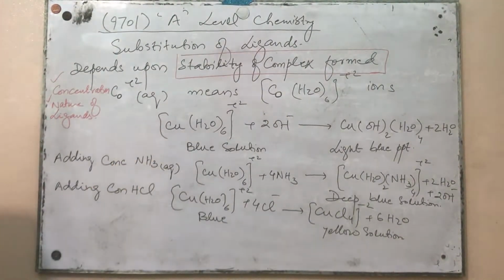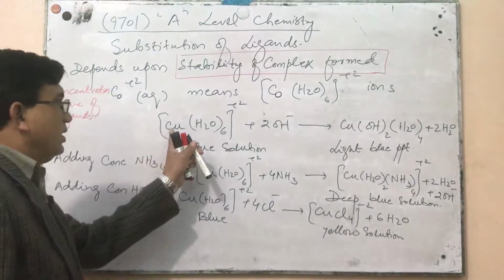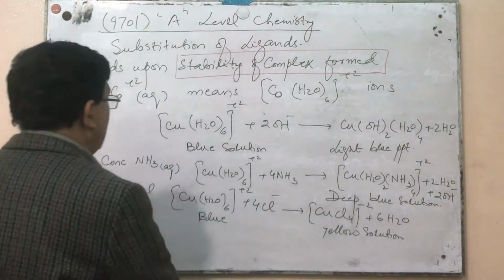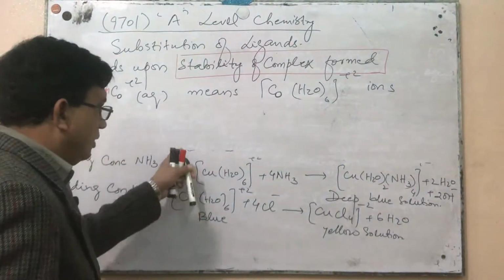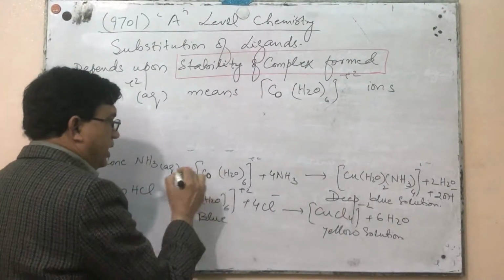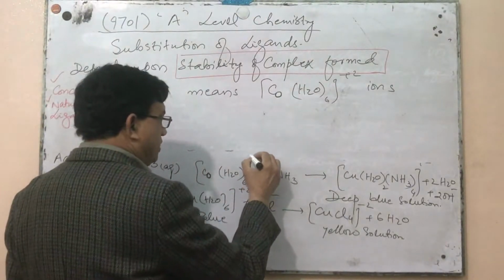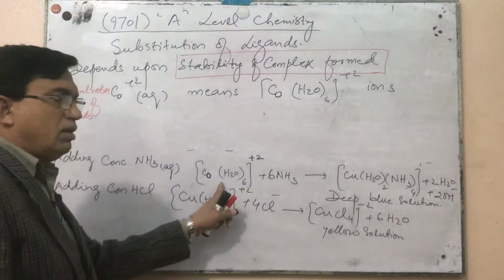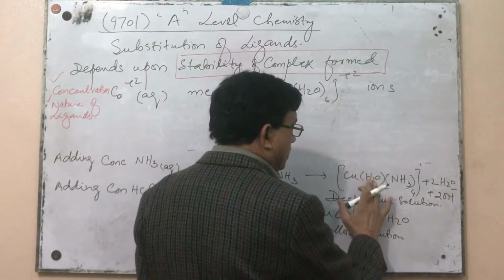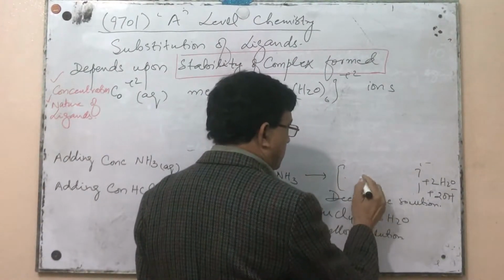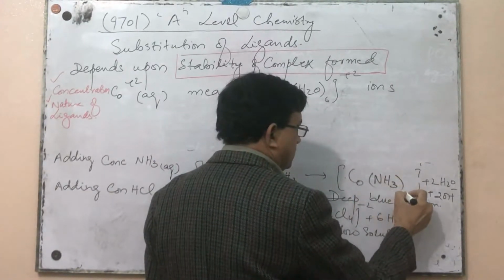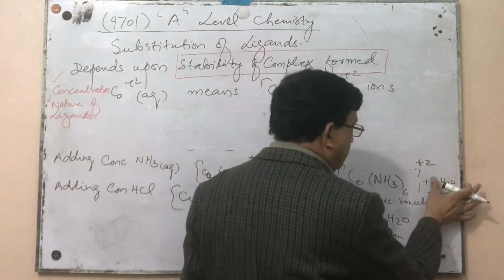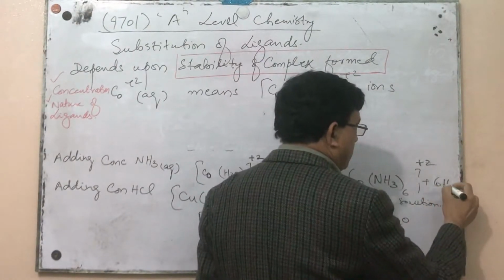Whenever the hexa aqua cobalt 2 aqueous solution is treated with concentrated ammonia, 6 ammonia molecules displace all 6 water molecules, forming the complex quite easily, which is represented as Co(NH3)6 2+, and consequently producing 6 water molecules.